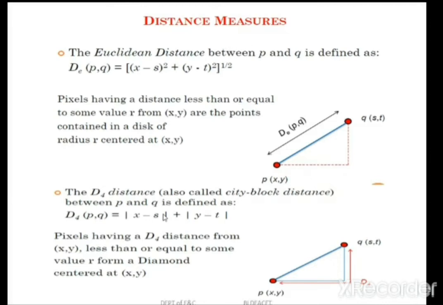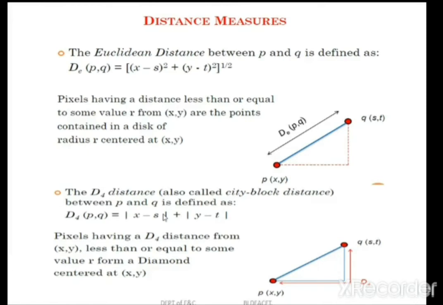Remember, the distance between the 2 pixels can be measured with respect to P and Q. Assume that P is the pixel with coordinate point x, y, and Q is the pixel at location s, t.